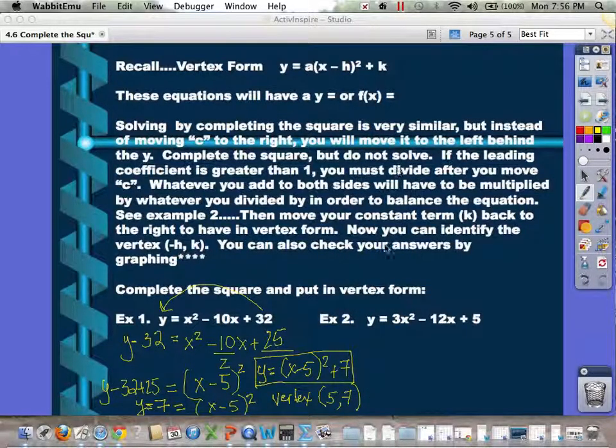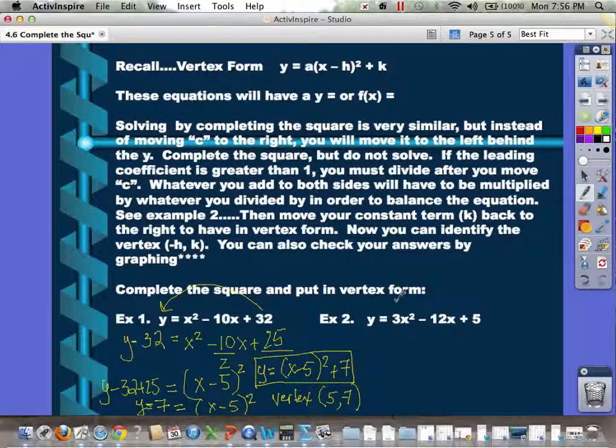Now, let's do one where the coefficient is bigger than 1. I'm going to use white. We still need to move the k over to the other side. So that's going to be y minus 5 is equal to, I'm going to leave some space this time so we can see it all, 3x squared minus 12x plus blank.